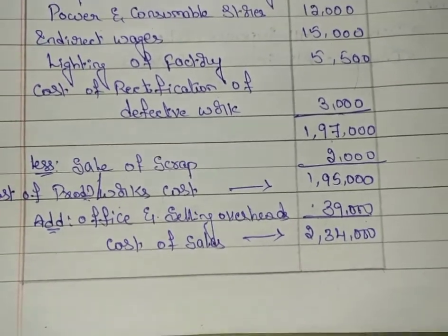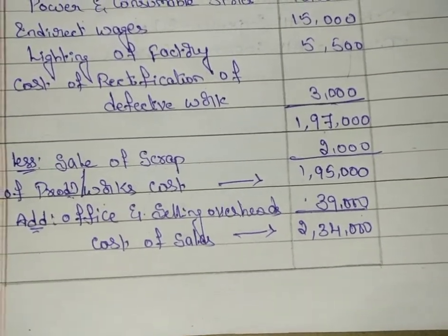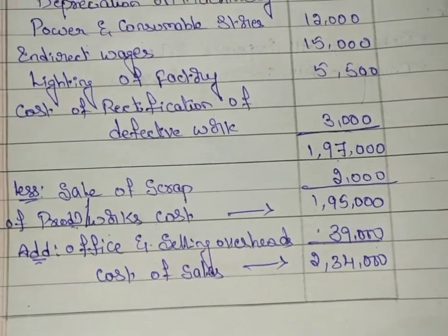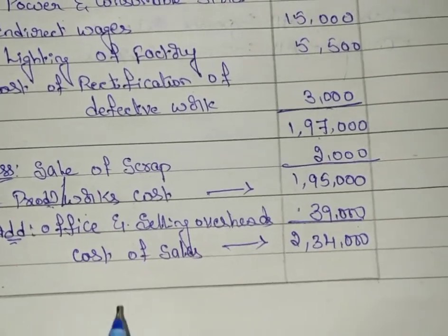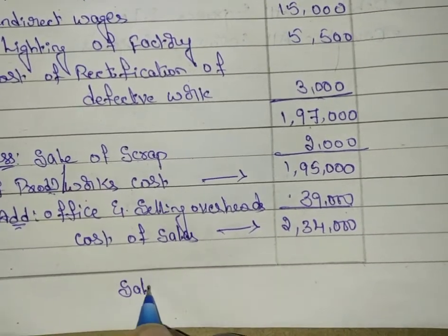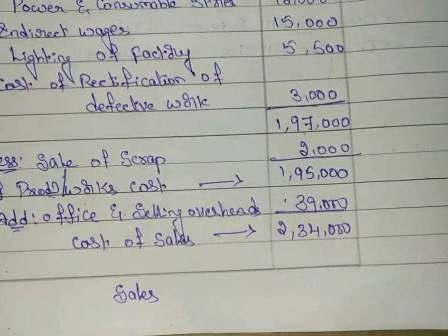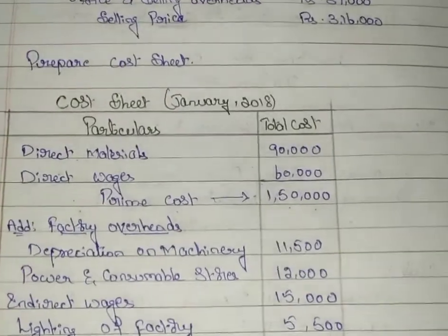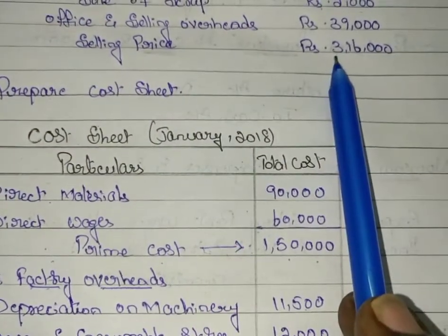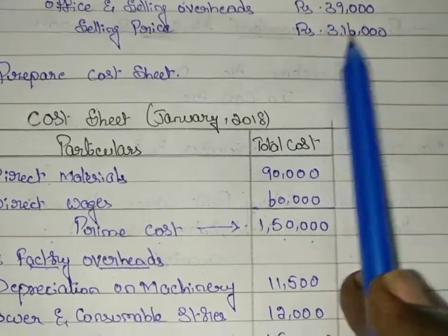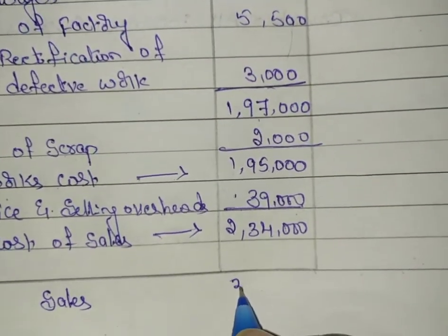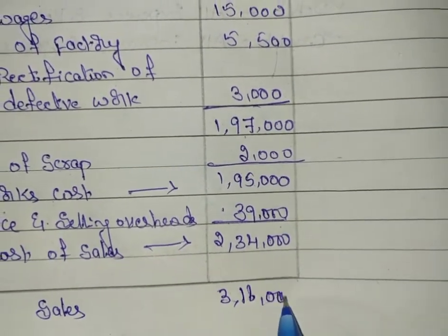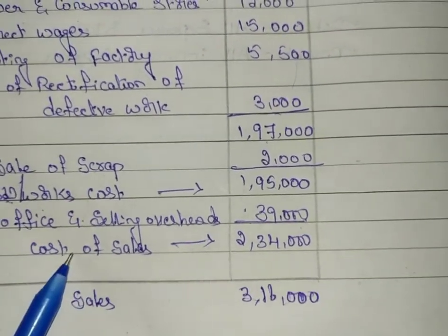Once the cost of sales has been done, then you should go for adding profit or deducting the loss to get the total sales amount. But in this problem again they have not given any information related to profit, but they have given the selling price, the total sales price. So that should be considered as the sales amount, that is 3,16,000. So we have the sales amount, and we have the cost of sales.